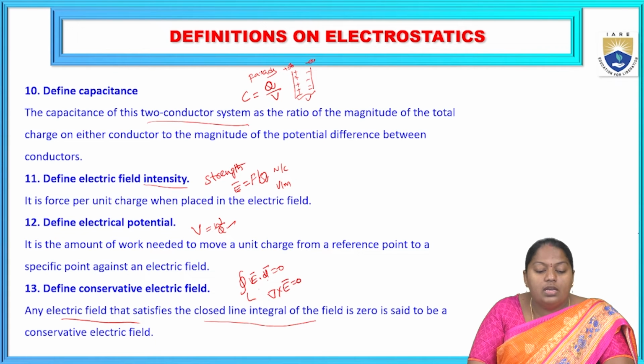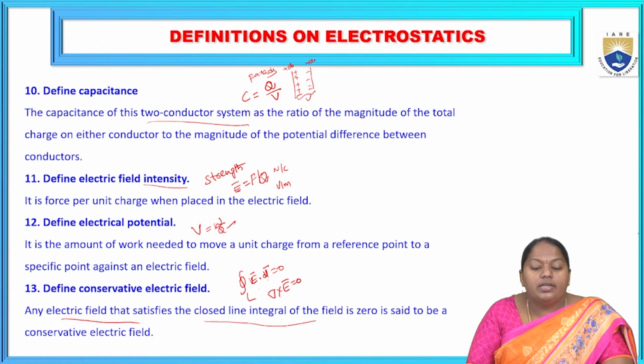So in this, what we have learned is, first of all, how to define capacitance, then electric field intensity, then electric potential and conservative electric field. Capacitance has the notation C, and it is a two-conductor system.